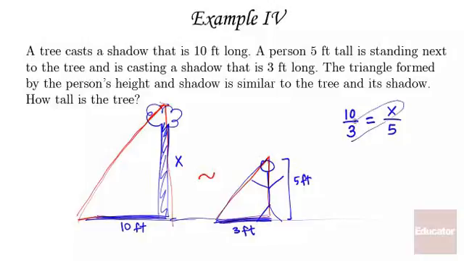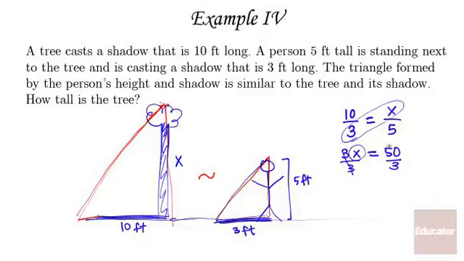So here, I'm going to do 3 times x equals 10 times 5, which is 50. So again, if I'm going to solve for x, I need to divide by 3, because 3 times x is 50. So it's 50 divided by 3 to find x.